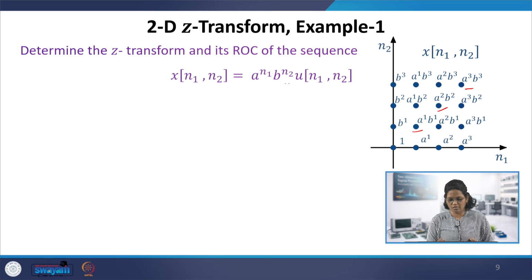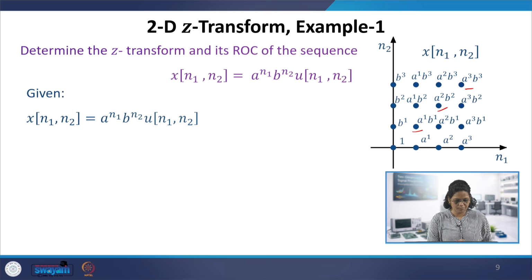If the sequence is separable, yes, u of n1 comma n2 is separable, and a power n1, b power n2 can also be written as a product of two. So when we say u of n1 comma n2, that is the step sequence, is separable, we can write it as u of n1 times u of n2.